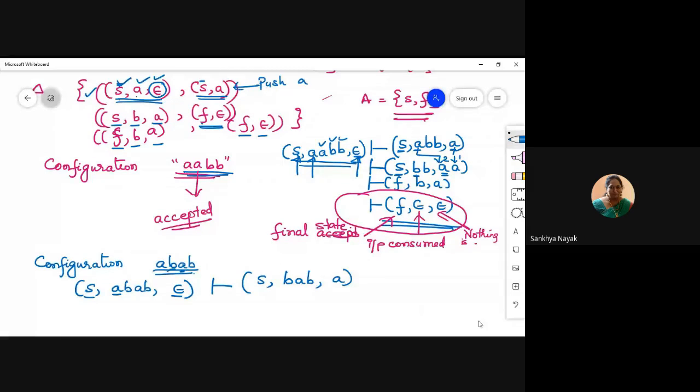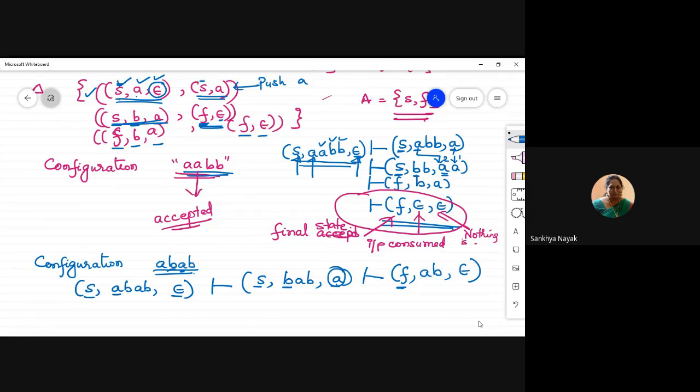Next, S, B, A. For S, B, A, it says change the state to F and pop. So the remaining symbols are AB, and this A has been popped, so nothing is there in the stack.